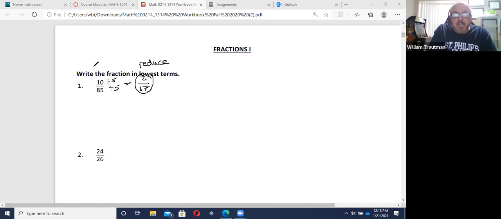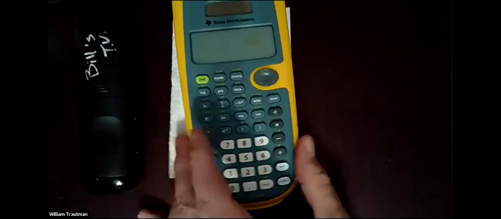All right, so now 10 over 85. I want to show you now using the calculator. I told you I'm going to use this calculator, and it's going to do a lot of the work for us. The 10 over 85.